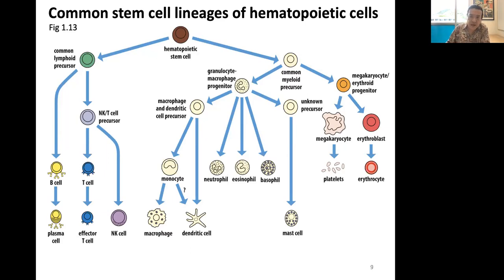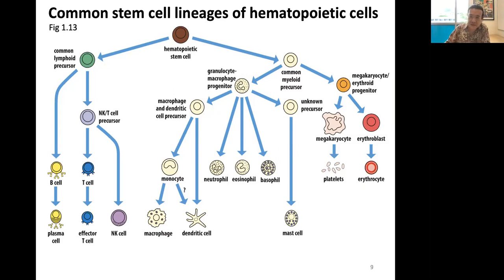Right? So in our bone marrow, we have certain stem cells, like this brown cell here, which is a hematopoietic stem cell. That comes from Greek, right? Hema means blood, right? And poetic, just like the name poetic, right? It means like a poem, right? It's creating something new.